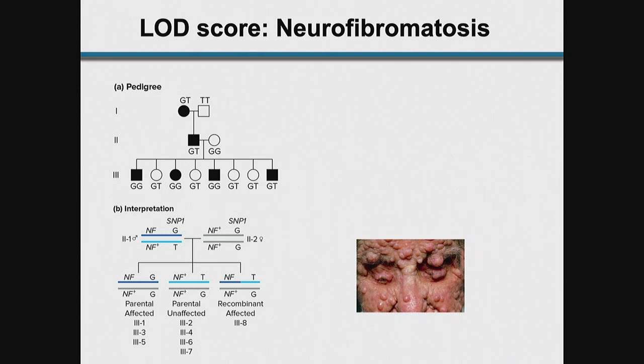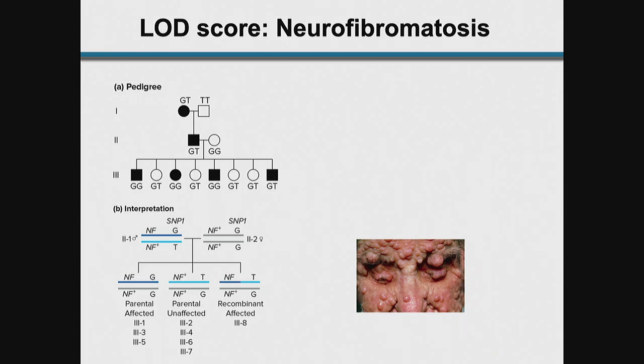So then based on this reading, you can see that the progeny inherited parental alleles, all of them, right? Some of which are not affected, which are associated with the G, affected associated with the G SNP, and not affected associated with the T SNP from the father.